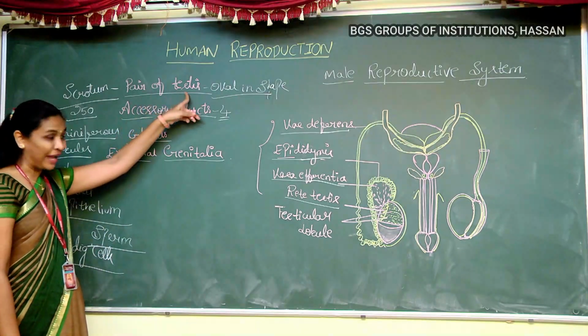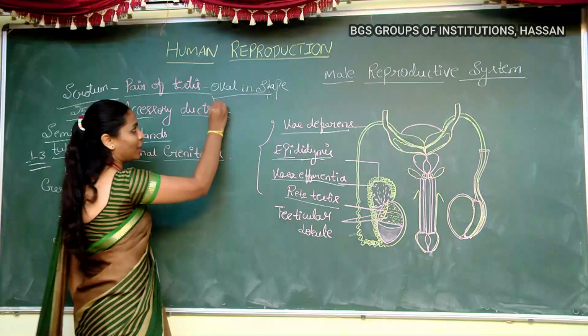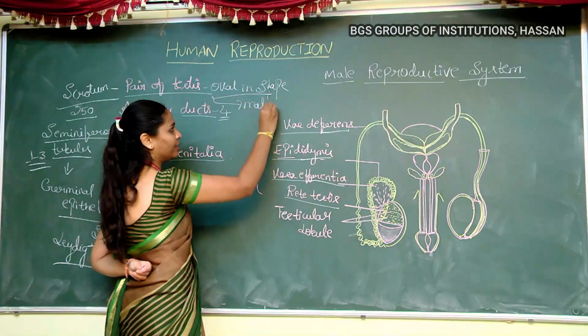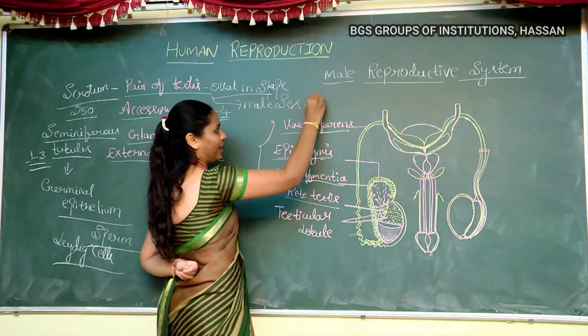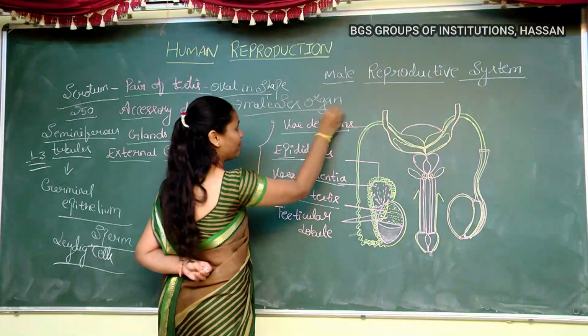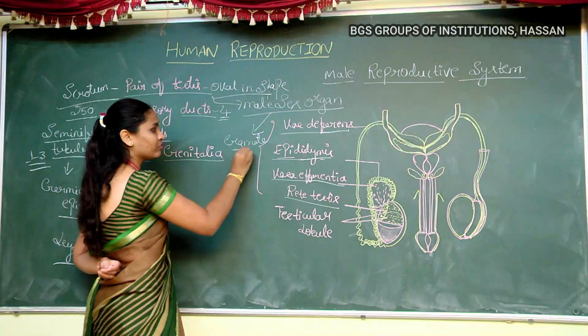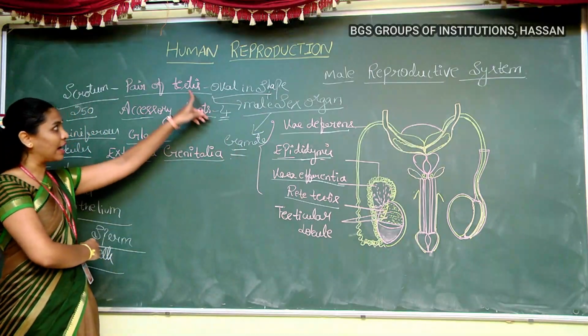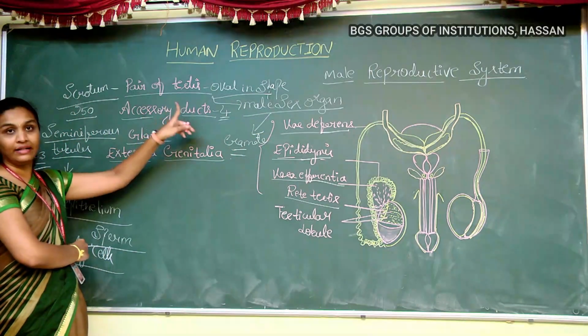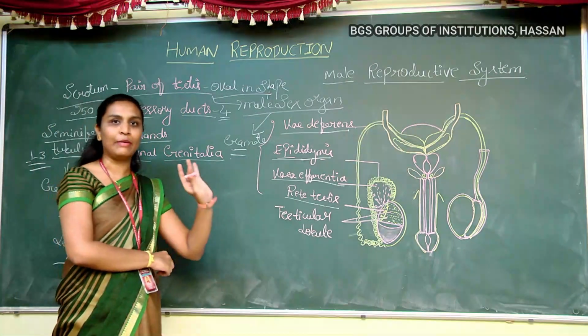So, pair of testes, it is also known as a male sex organ. It is involved in gamete formation. So gamete formation occurs in the testes. Accessory ducts not involved in the gamete formation.